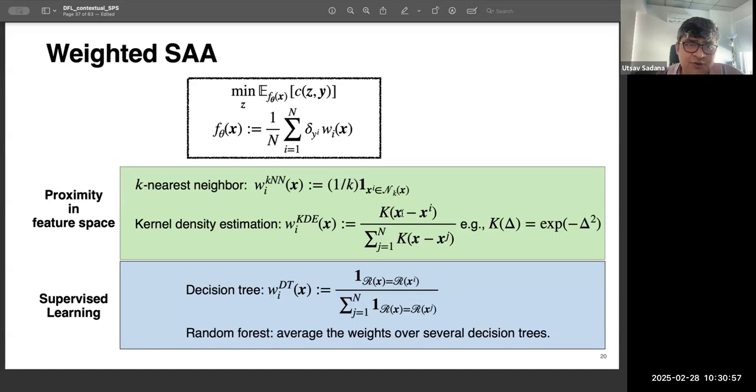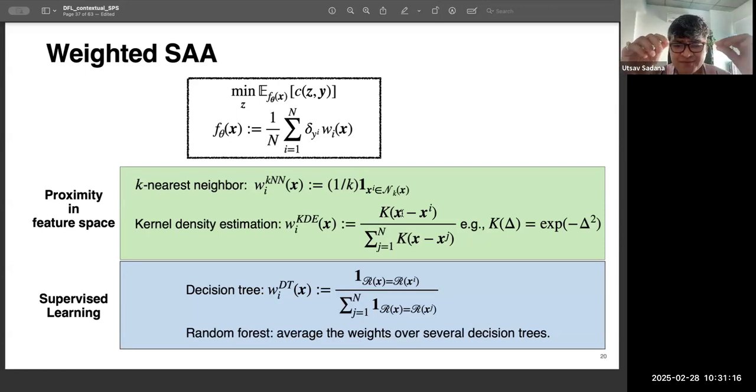Now, what you can also do is a supervised learning approach. You can learn a decision tree. Once you learn this decision tree, you can do it for classification, for regression. You will have branches and leaves.